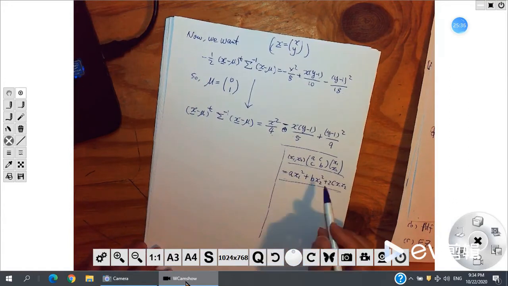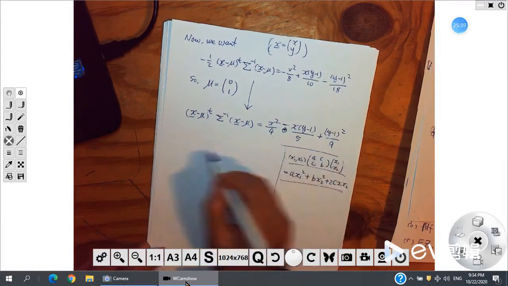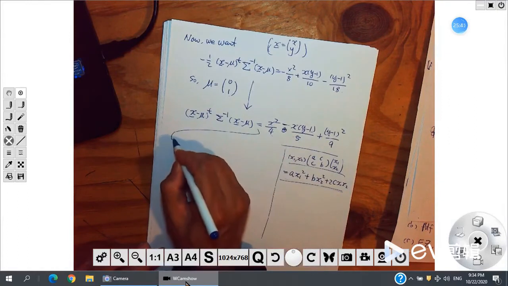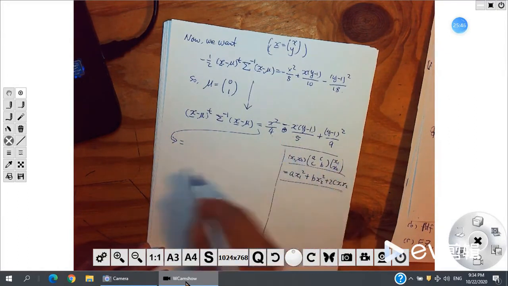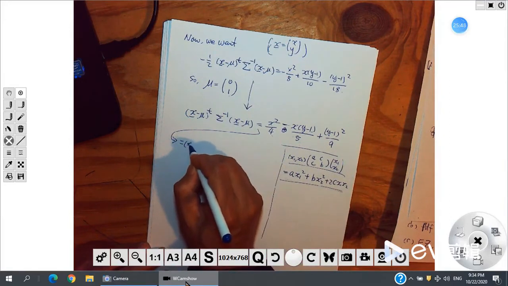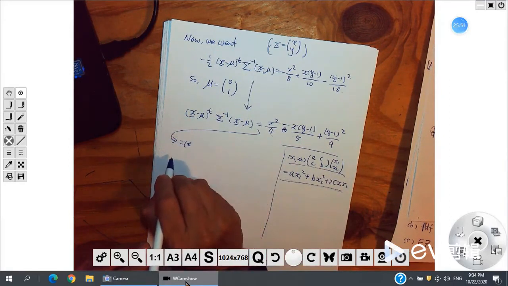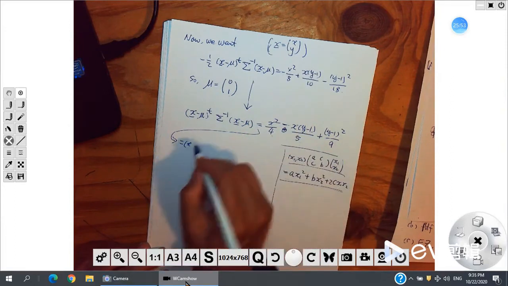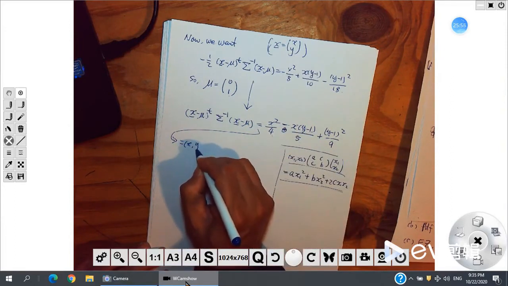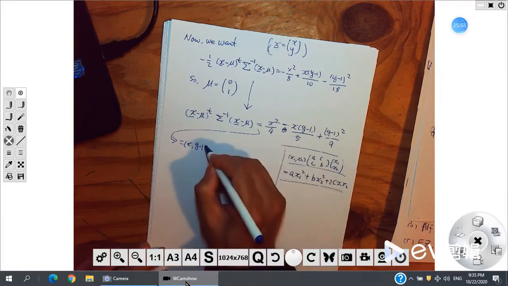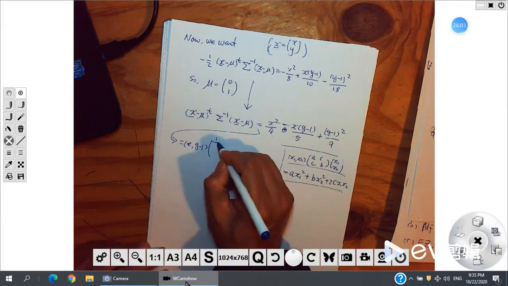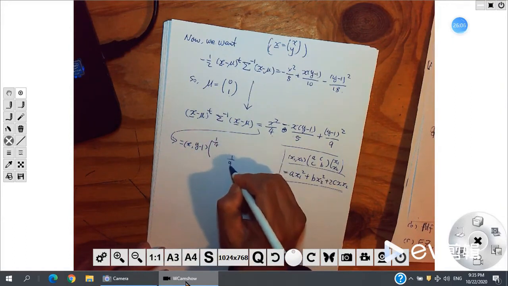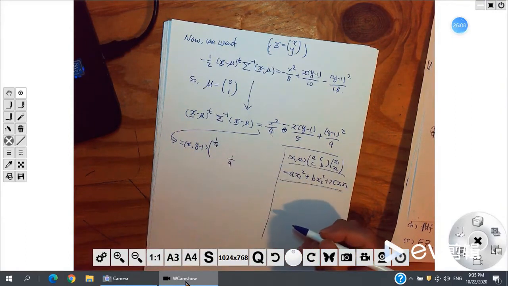So we write this in the matrix way. It will be (x, y minus 1) times the matrix with 1/4, 1/9 on the diagonal, and off-diagonal half of the coefficient 5.